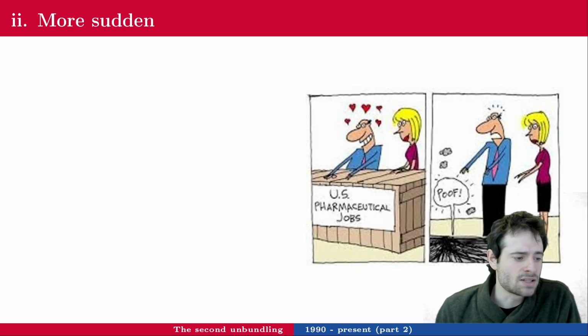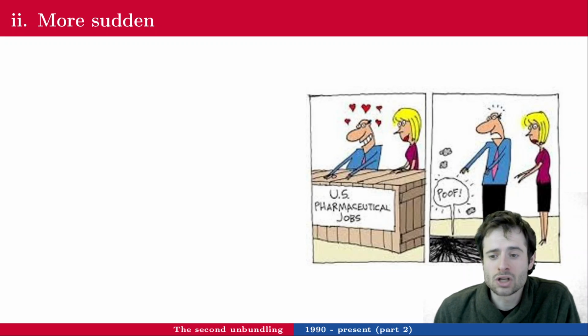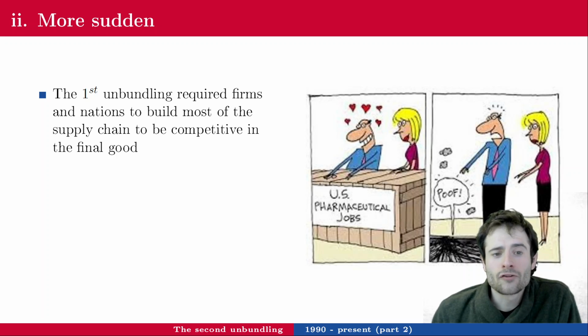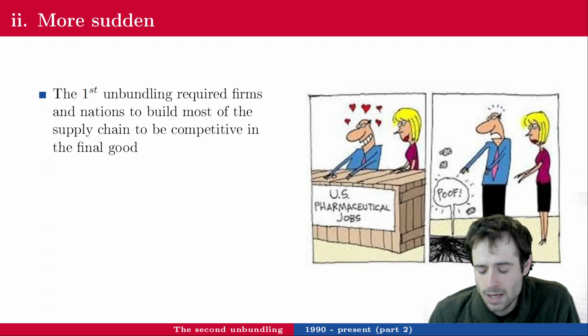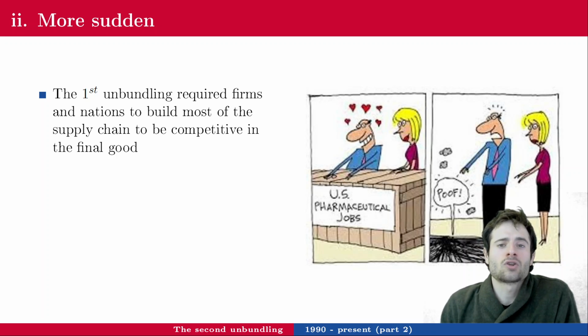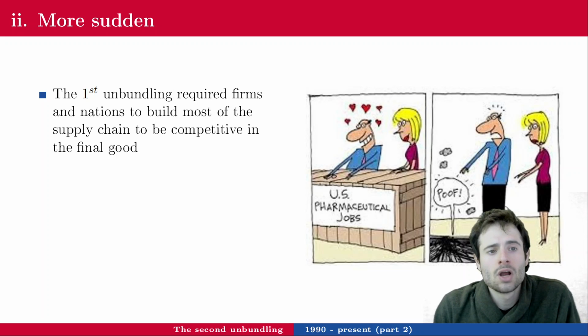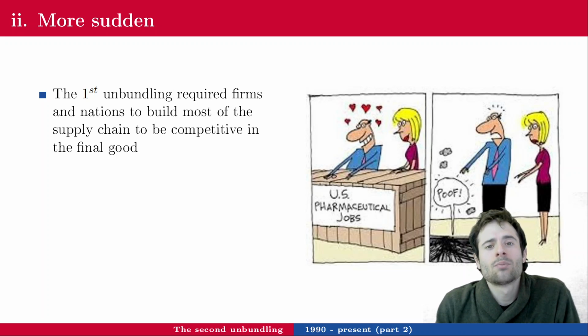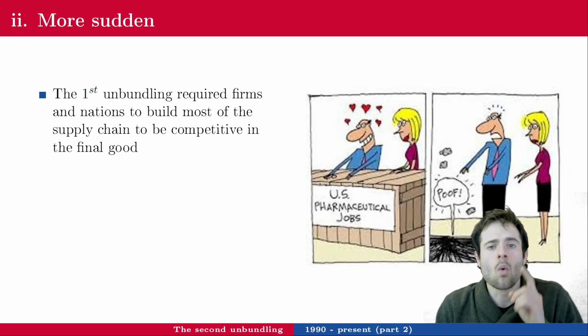The second is that the second unbundling is more sudden. The first unbundling required firms and nations to build most of the supply chain. If they specialize in the production of a good, then they have to build the whole supply chain. Remember, with the first unbundling, production was happening under one roof.